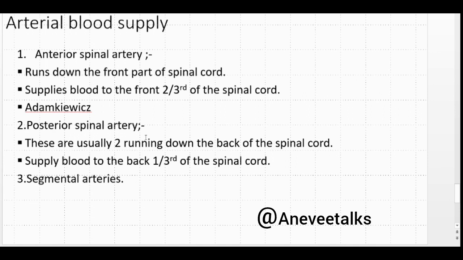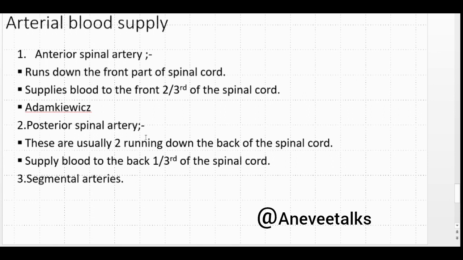So this was just an introduction class about spinal anesthesia. To know spinal anesthesia in detail, we should have a little knowledge about the spinal cord and its anatomy. Only then can we easily understand the technique, in which conditions to give spinal anesthesia, in which conditions it is contraindicated, and how much drug to give according to the patient's condition. Some complications can occur while giving spinal anesthesia.